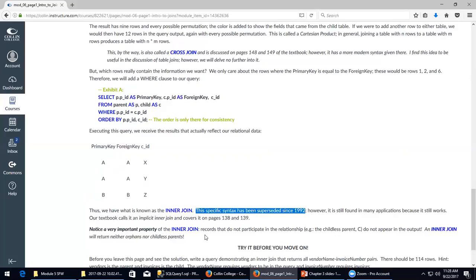Inner join is the simplest of the joins. It follows foreign key, primary key pairs. Does it have to be a foreign key, primary key? It doesn't make a whole lot of sense if it isn't.